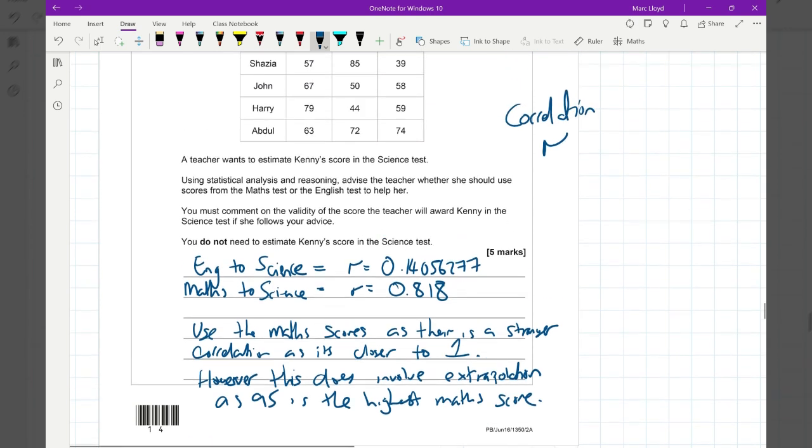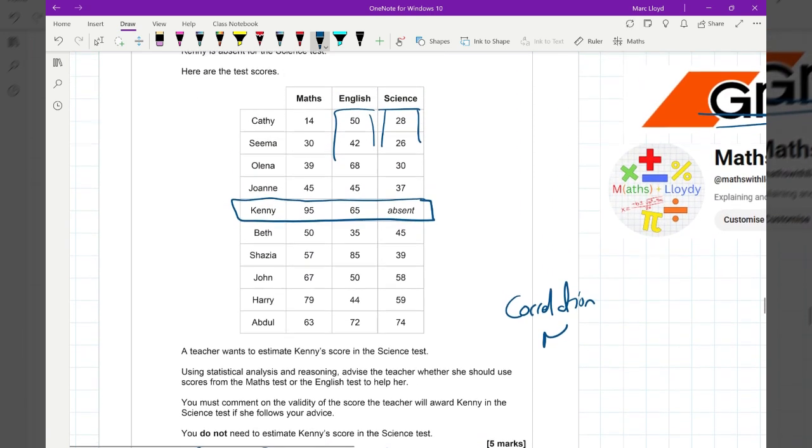So when I go back and have a look at this, Kenny has done very well in maths, but therefore his data lies outside of the range of the maths scores. Harry scored the highest score of 79 other than Kenny, and therefore this data would be extrapolated and may not be very valid.